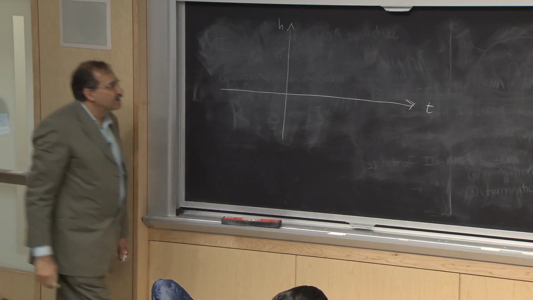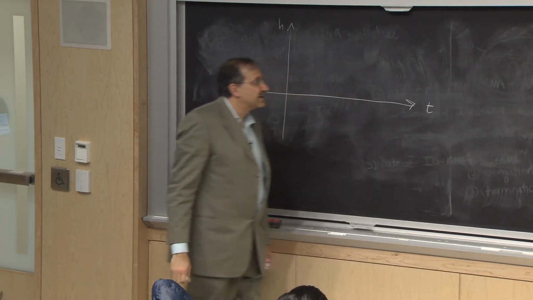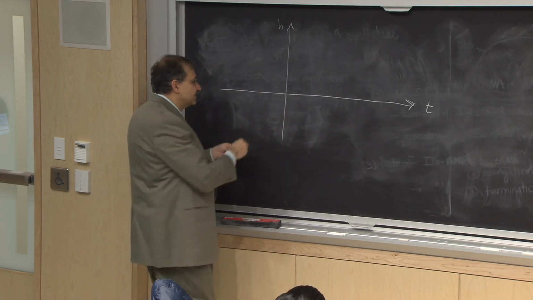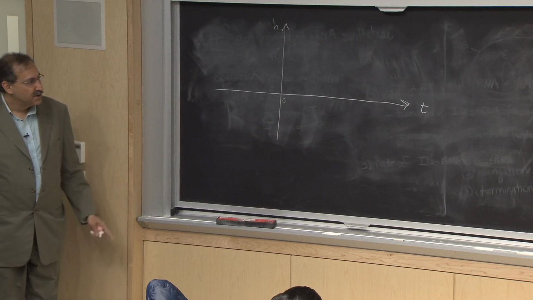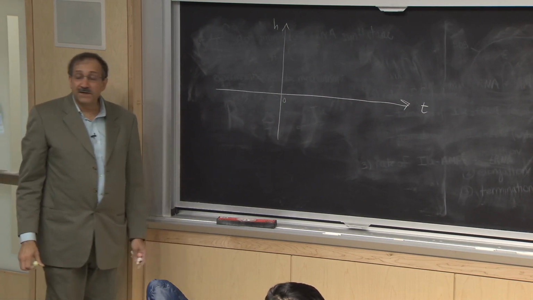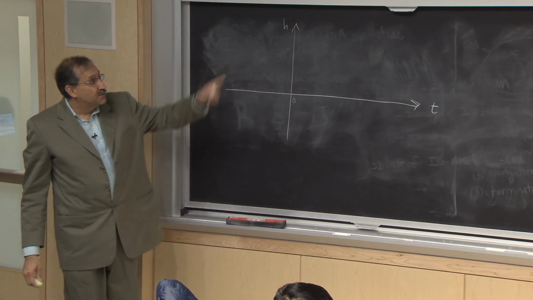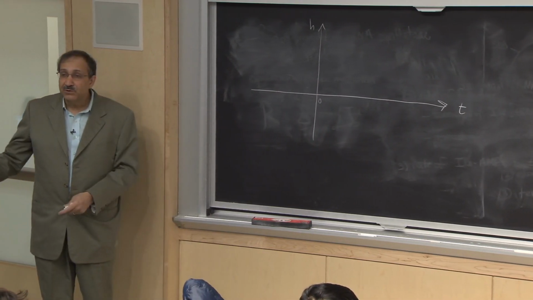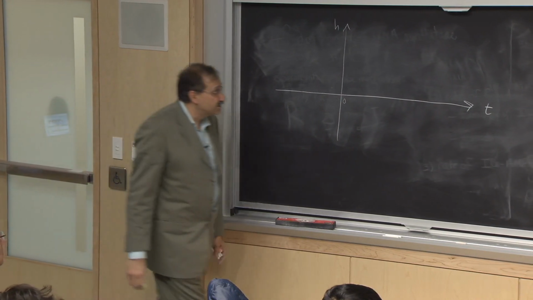OK? So first of all, let's look at the regime where t is positive. So this is 0. To the right is t is positive. Right on the axis where t equals 0, when h equals 0, the function is m squared plus m to the fourth, etc. The coefficient of m squared is positive.